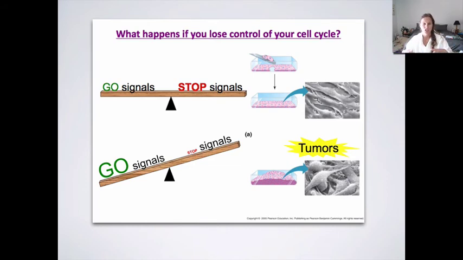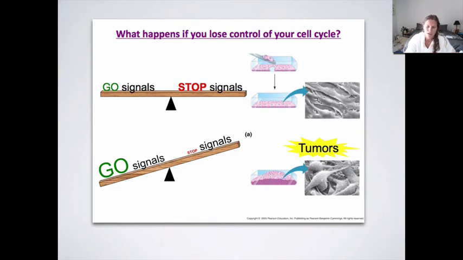One thing we know about tissues is there are groups of cells that are all working together, the same kind of cells working together to perform a function, right? And so they all kind of respect the boundaries. If the stop and go signals are in balance, then the tissue is not going to divide too much. If the go signals go crazy and the stop signals are less intense, then this tissue will divide and divide and divide rapidly, and you'll end up with a tumor.